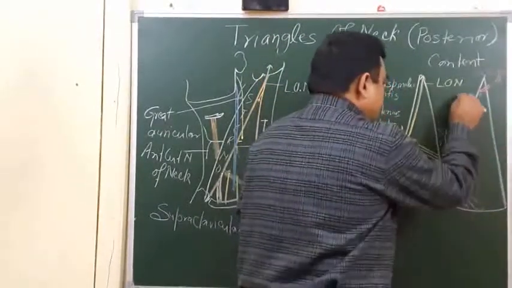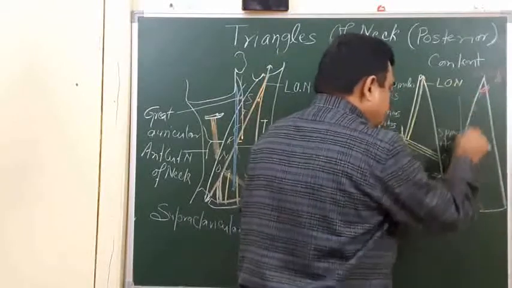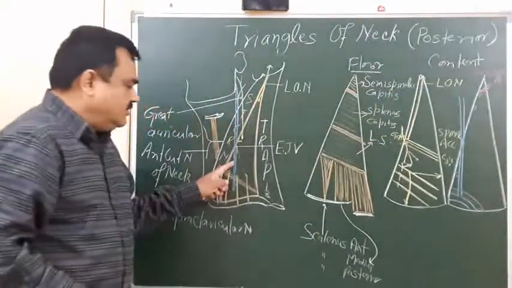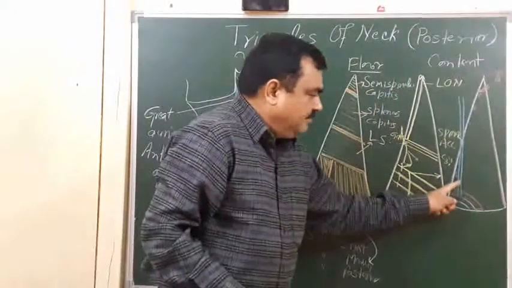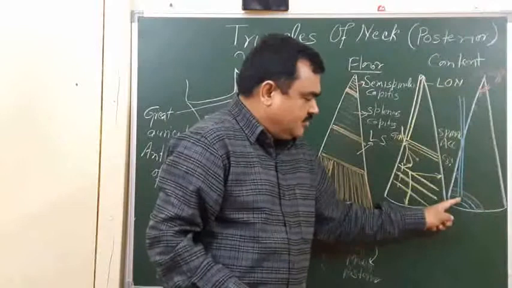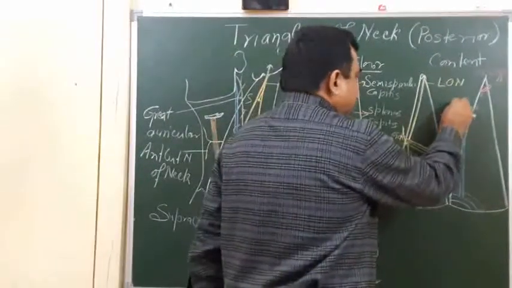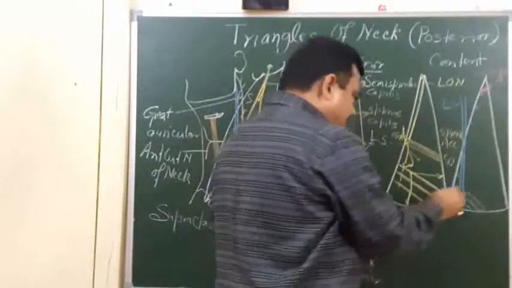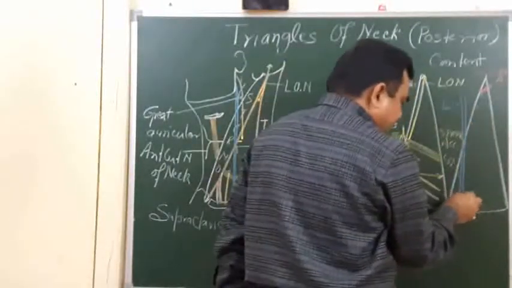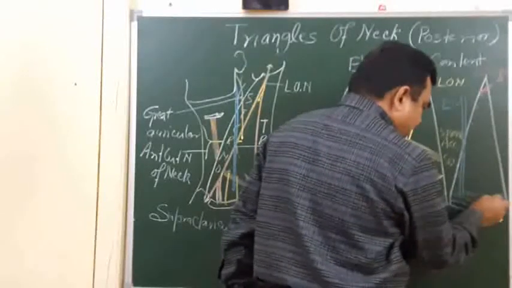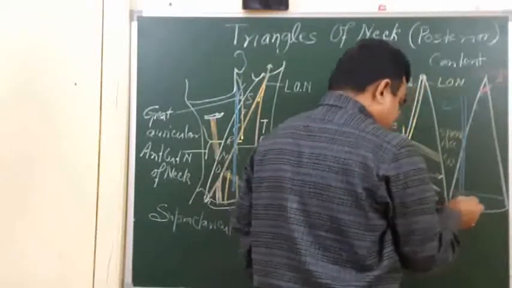This is the external jugular vein. Here it pierces the deep fascia and reaches the subclavian vein. Tributaries of this external jugular vein include the suprascapular vein.